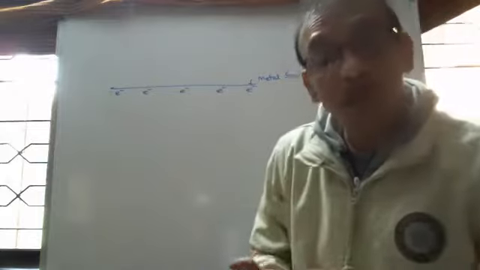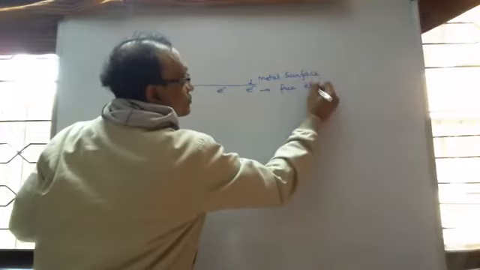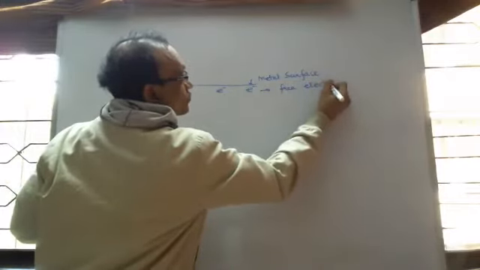Now, because of their thermal motion, free electrons are randomly moving on the surface.